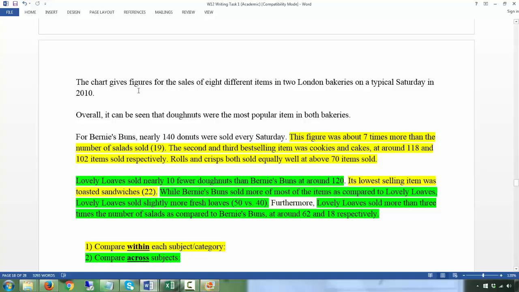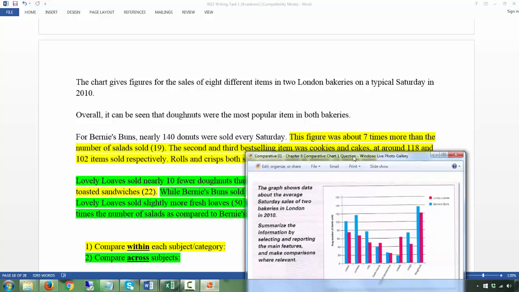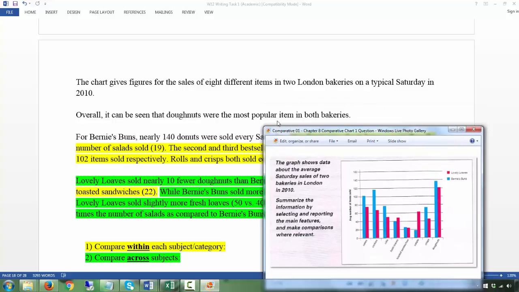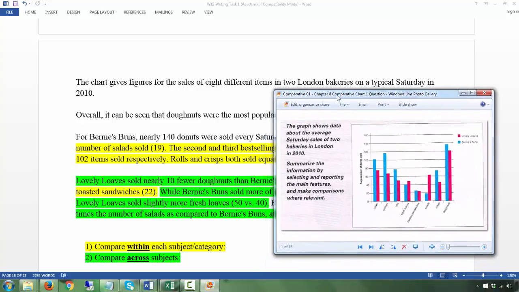Okay, so let's do this introduction. Again, you just paraphrase. The chart gives figures for the sales of blah, blah, blah. You just paraphrase that. Overall, it can be seen that donuts were the most popular item in both bakeries. So what are you doing? Number 1, that's an overview. Again, remember, what you do in an overview is the big picture.